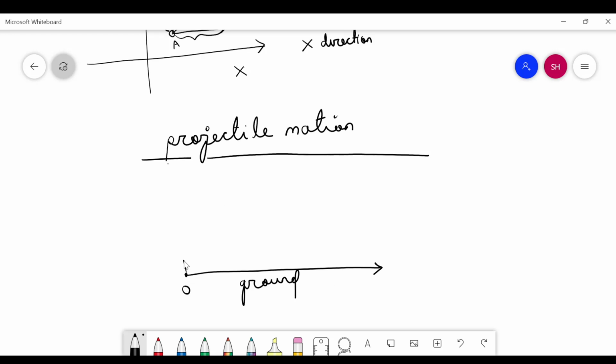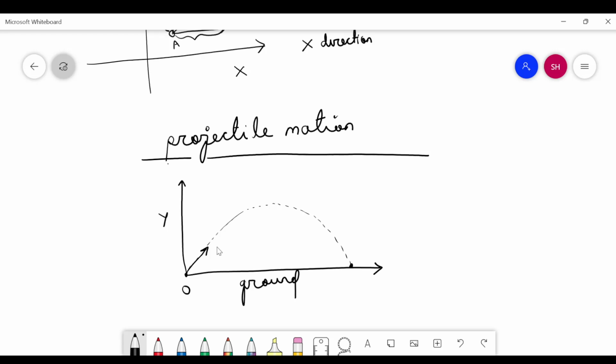The direction perpendicular to the ground, the height from the ground, will give us the y direction. And if we throw anything from the ground in this direction, it will move in a path like this. It will go up, and eventually it will come down and reach the ground again.